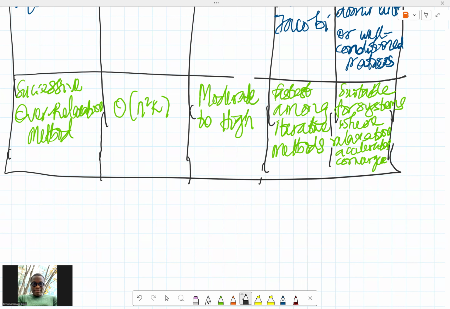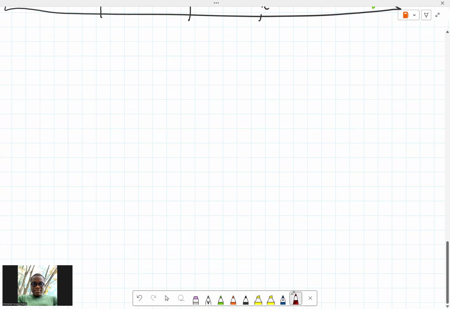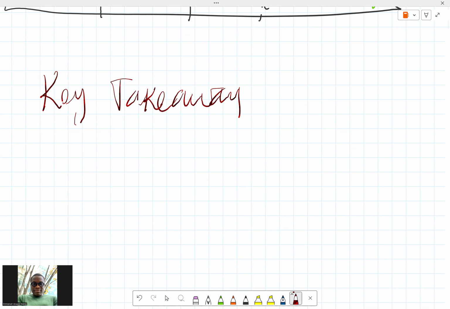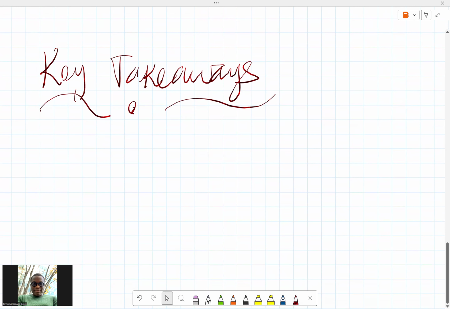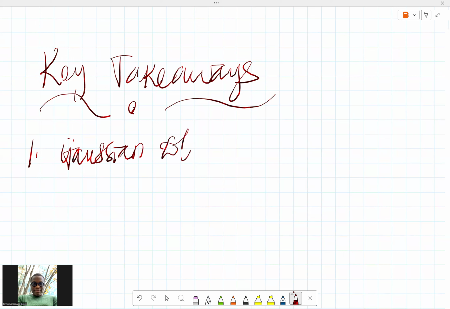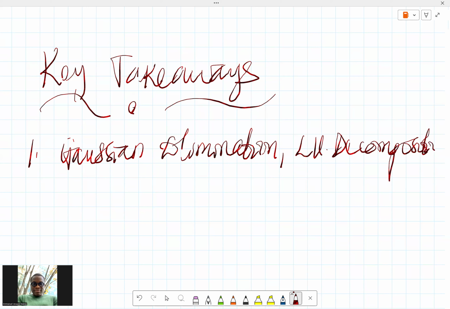Now, can we talk about some key takeaways? If you are interested in numerical analysis, it's a field, and some people are experts at it. So one takeaway is that Gaussian elimination and LU decomposition are direct methods.